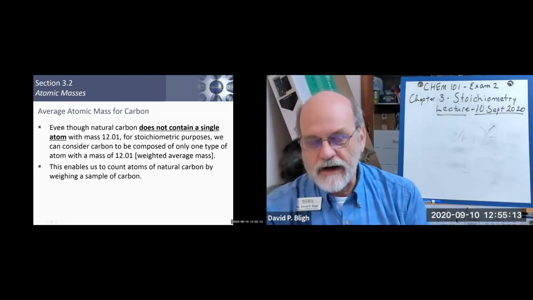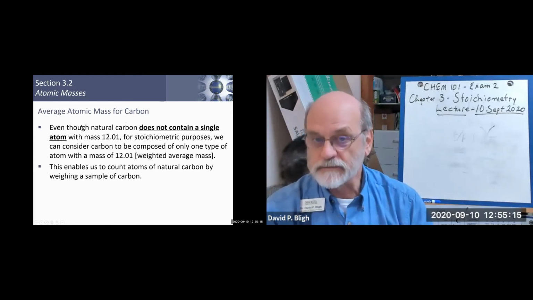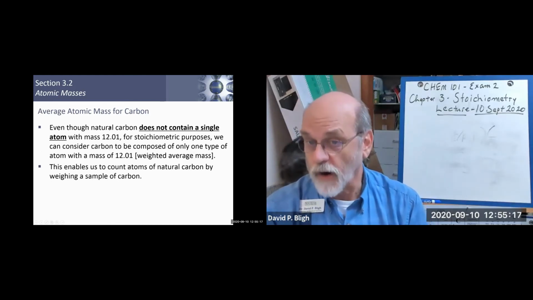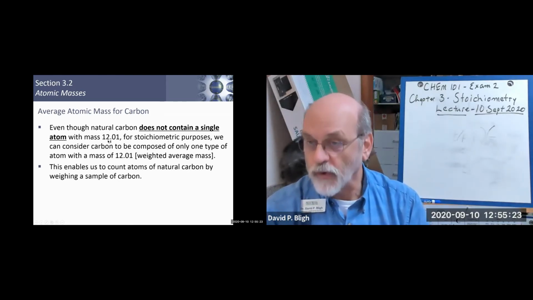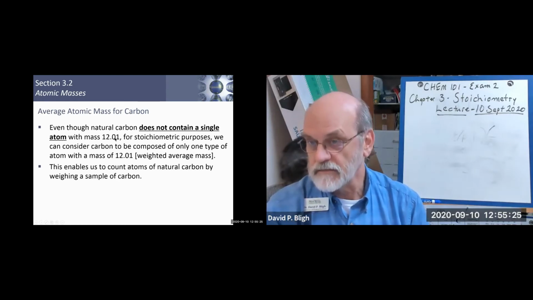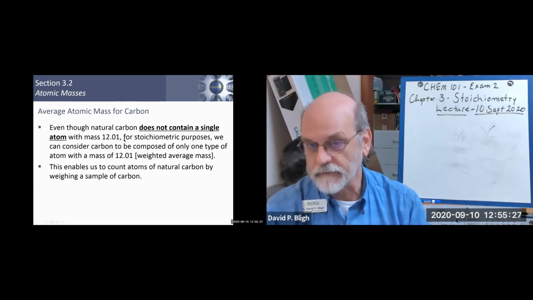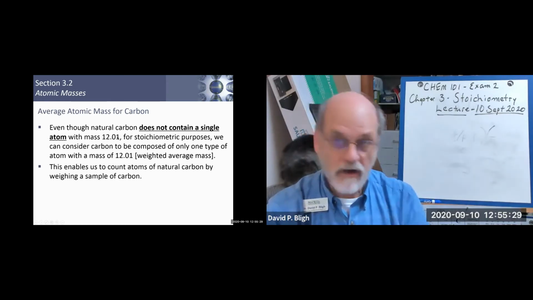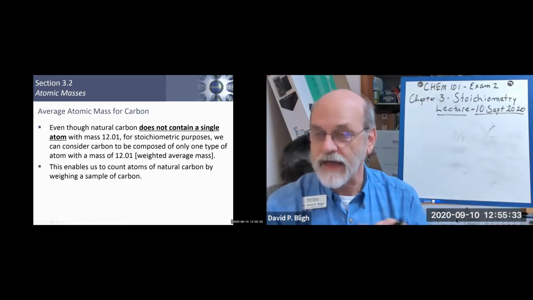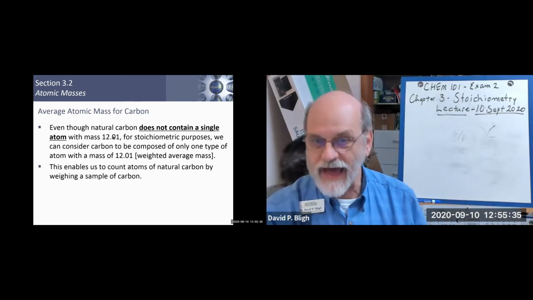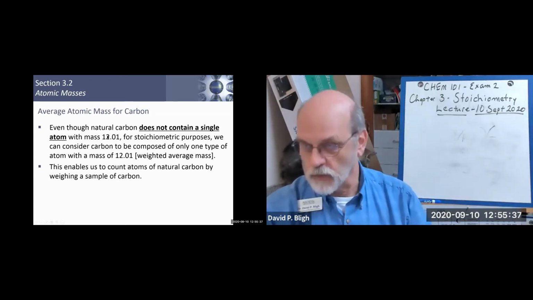So just to drive the point home, naturally occurring carbon does not have a single atom that weighs 12.01 atomic mass units. There's no such thing. This is a weighted average of all. It's like counting by weighing. We found out how much one atom on average weighs.